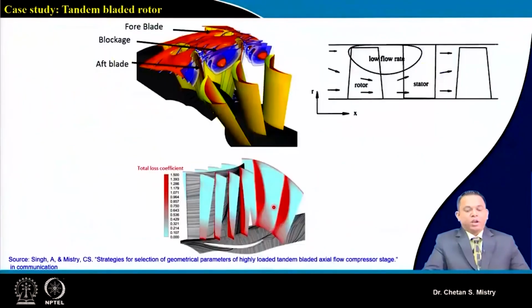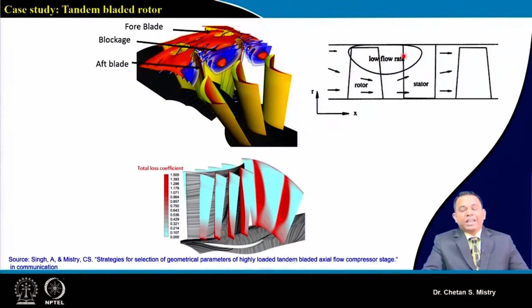Okay. Now, we have understood that suppose this is my rotor and stator combination. Because of the growth of boundary layer along the casing and tip leakage flow, in this particular region I will be having low momentum fluid or low mass flow rate, and that will act like a pocket or a zero velocity kind of region.